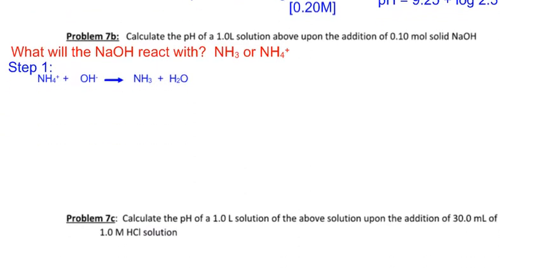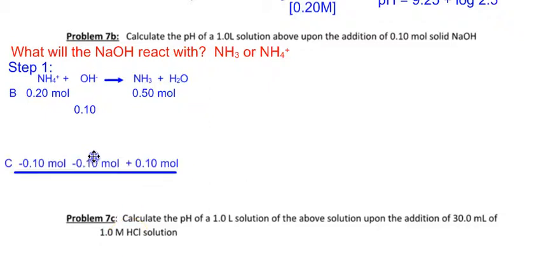Because I have a 1 liter solution, those numbers translate to 0.2 moles and 0.5 moles. But now I'm going to add 0.1 molar of sodium hydroxide. And why solid? Because hopefully then the volume change is negligible, so I don't have to worry about that like I did with that one problem earlier.